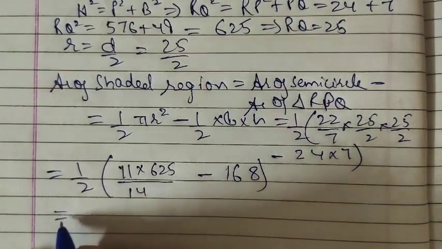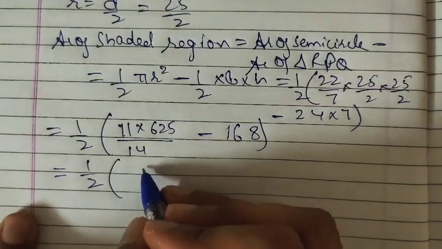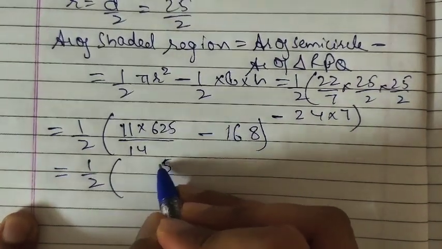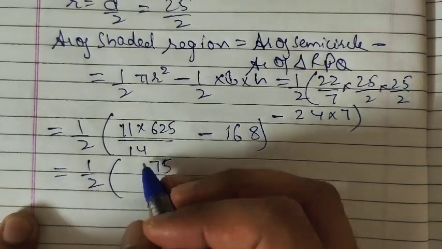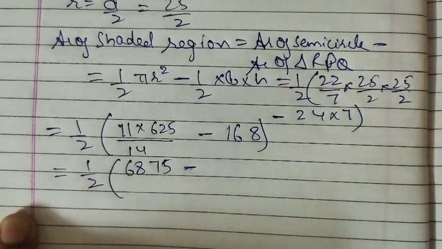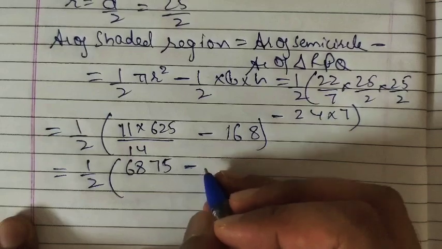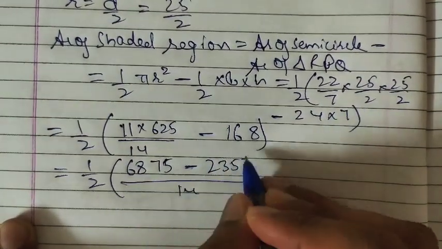So on taking LCM, half, 11 multiplied by 625 is 6875, minus 168 multiplied by 14, which is 2352. So 2352 divided by 14, right?